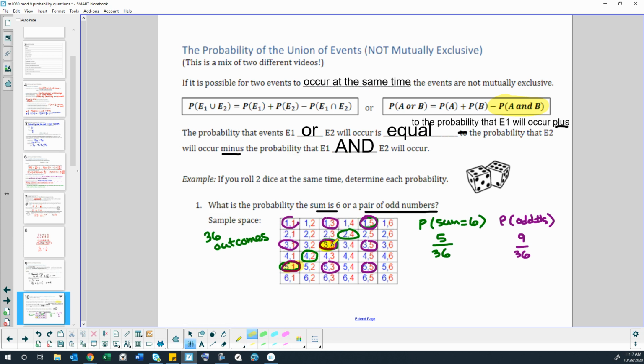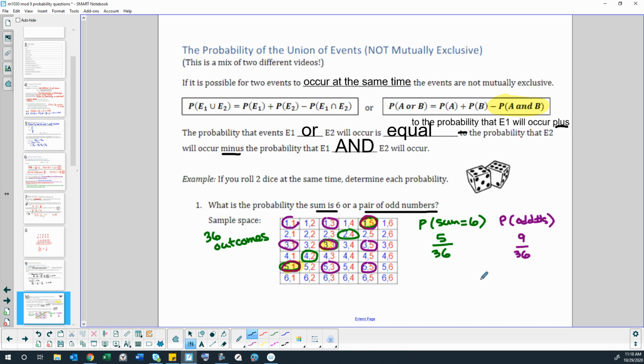So this one was circled twice, and this one was circled twice, and this one was circled twice because those both add up to 6, and they're a pair of odd numbers. So if we count them in the green ones, 1, 2, 3, 4, 5, we did. And we counted them in the purple ones, 1, 2, 3, 4, 5, 6, 7, 8, 9, we did. We counted them twice. So now to make up for that, we have to subtract those back out so that they don't get counted twice.